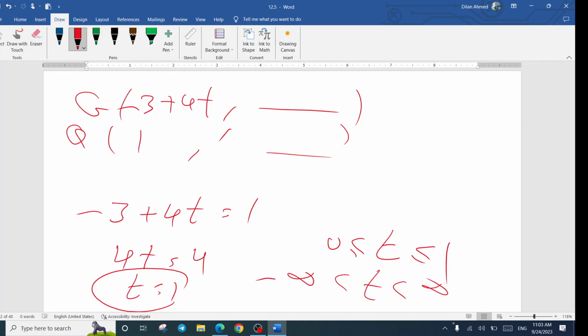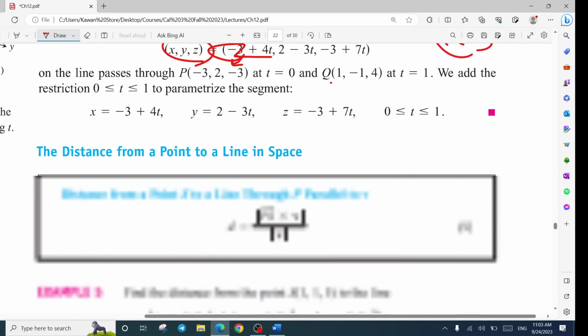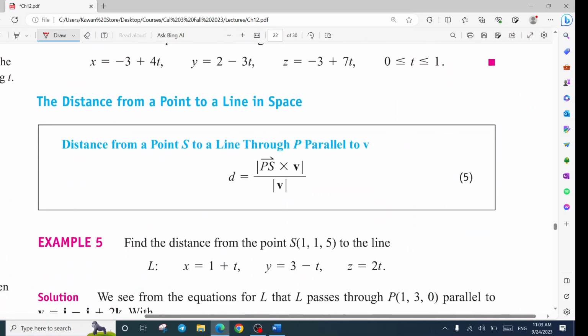Clear. Now we have two distances. Careful, we have a distance between what and what?